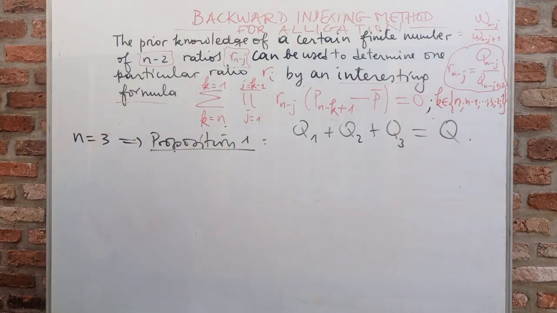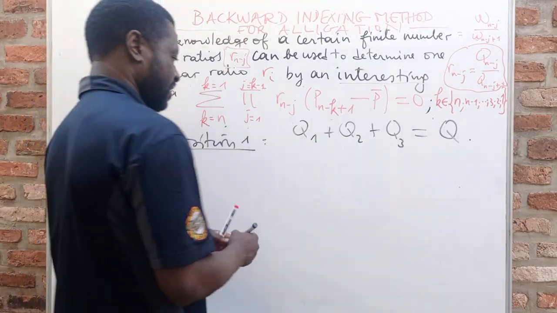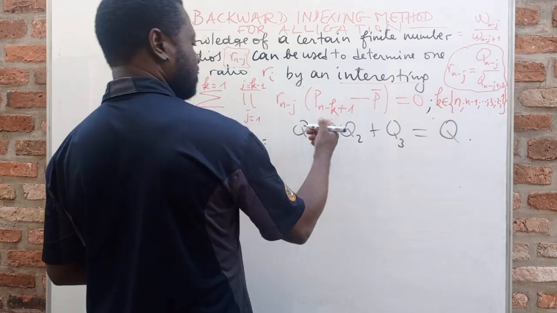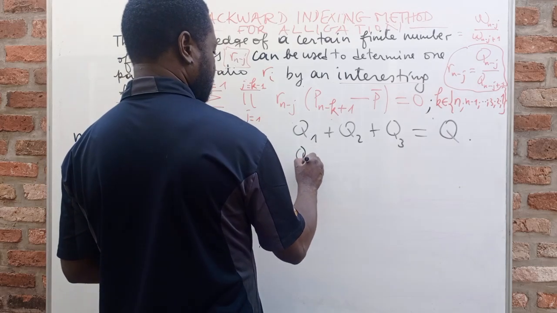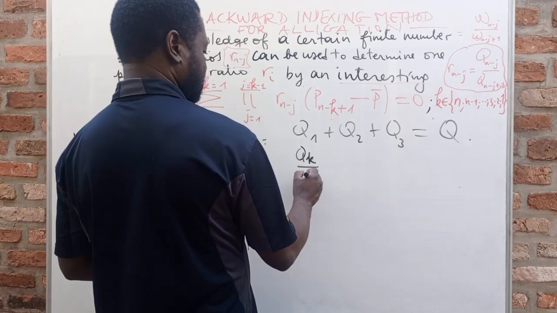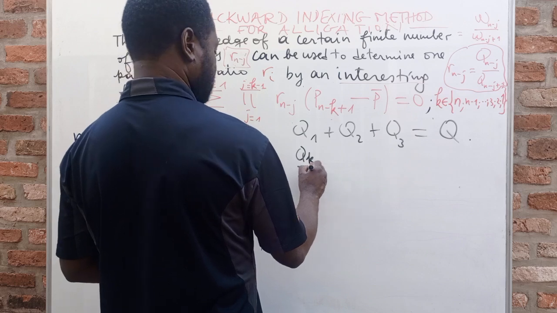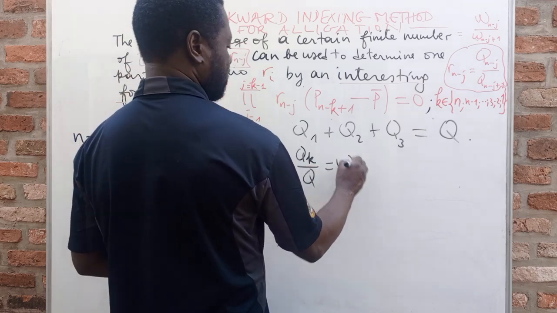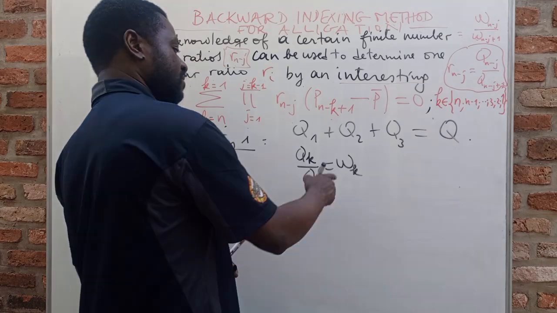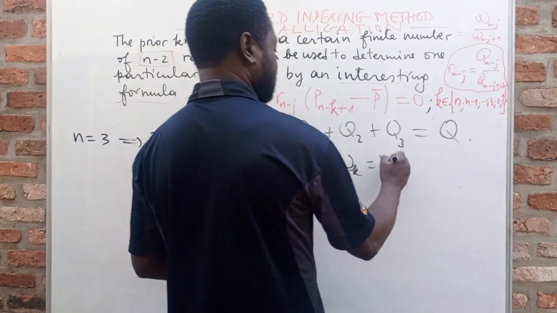Now, in this case, the first proposition is telling us that the fraction qk over q is going to be a weight, and this weight is a normalized weight.